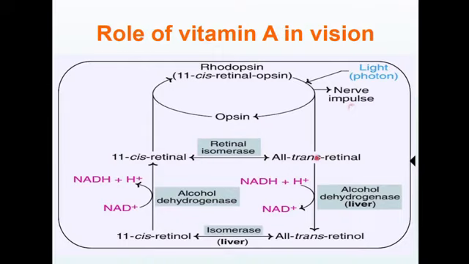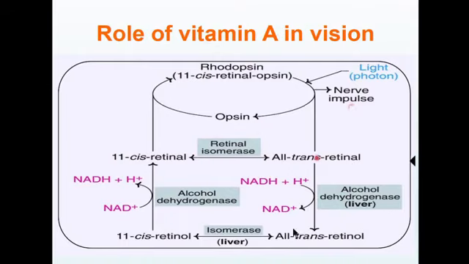But as we said already, it is necessary to reactivate this retinal, to transform it from trans-retinal into cis-retinal, and we have two mechanisms. The main mechanism is this, because the most part of all-trans-retinal is transported to the liver and reduced here into all-trans-retinol under the action of the liver's alcohol dehydrogenase.